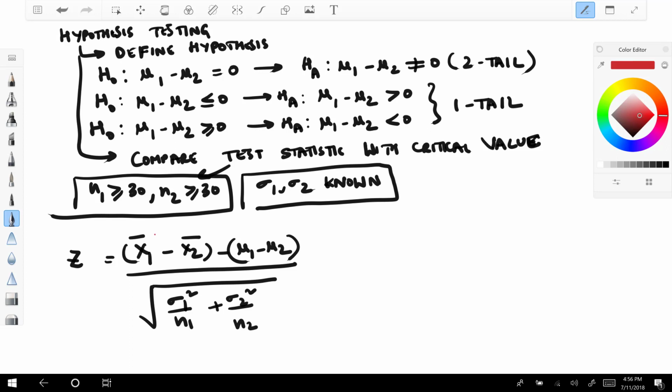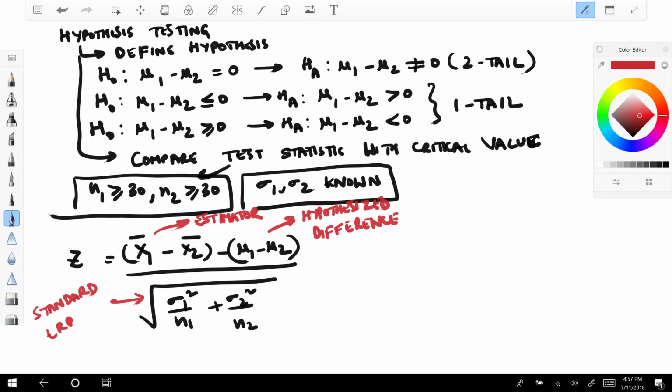Again, this is the estimator for the difference in the mean. This is the hypothesized difference. This is the standard error, the standard error of the difference of the means.